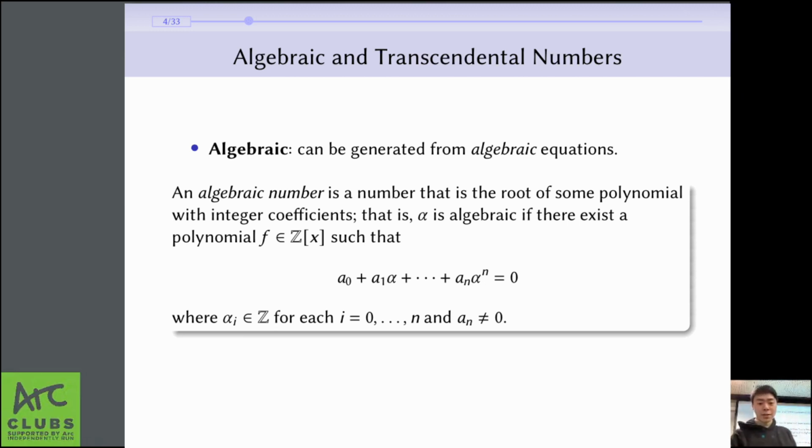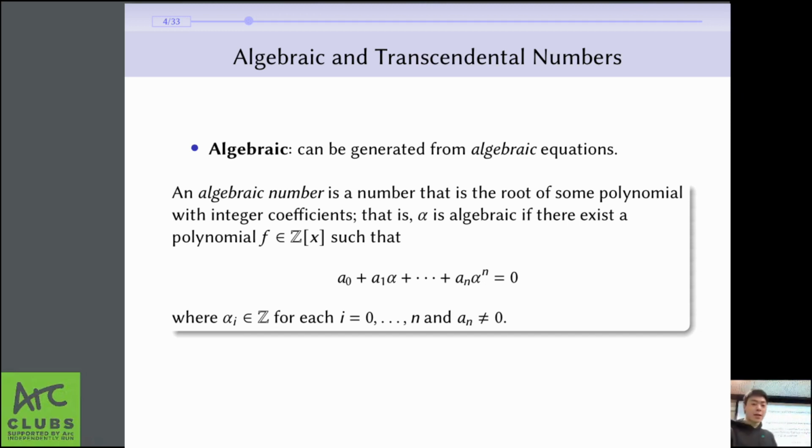The key word here is integer coefficients. Obviously, if you have rational coefficients, you can always transform it into a polynomial with integer coefficients without losing any information about the roots, because you can always scale all of the numbers by some integer, and you get integer coefficients.